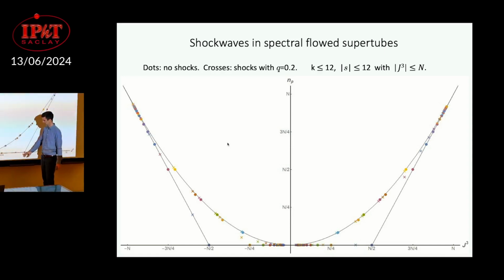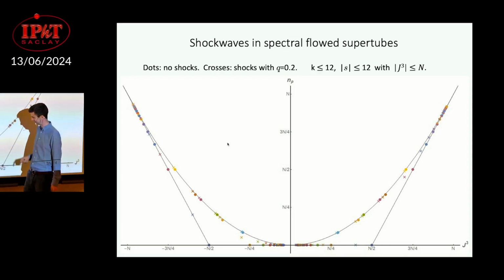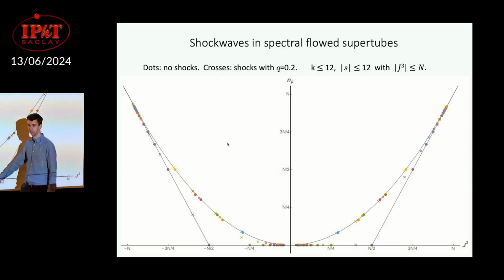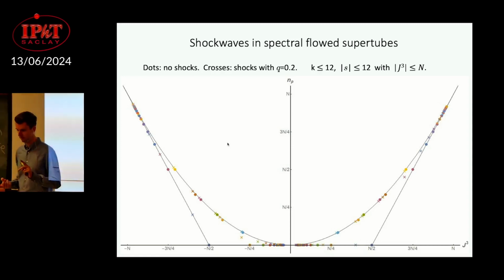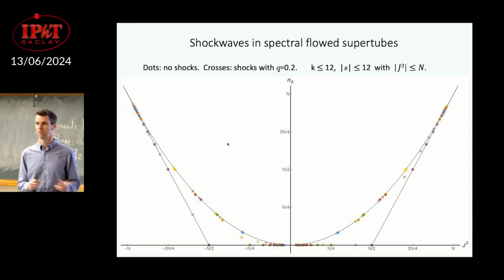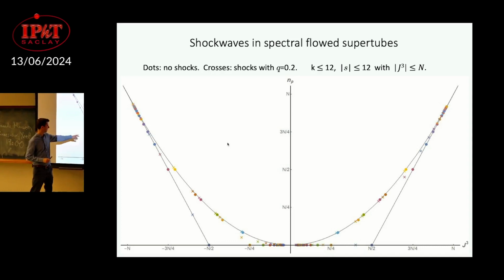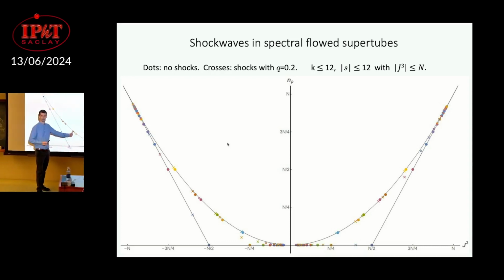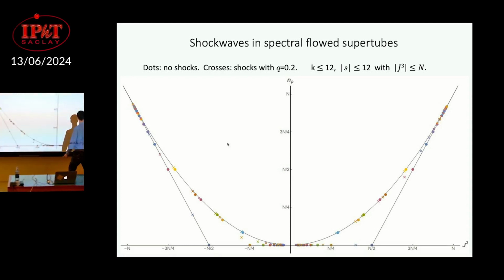In each case, because the shockwave is rotating in some sense from right to left, it's reducing the angular momentum. What happens is that after you make the spectral flow construction, whether the shockwave is inside or outside the ergo region is not 100% in your control. It's determined by spectral flow. In some cases, the shockwave adds energy. So it doesn't have to be in the ergo region, but it's particularly interesting when the shockwave happens to be in the ergo region.